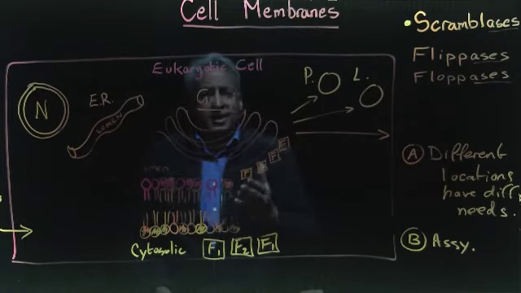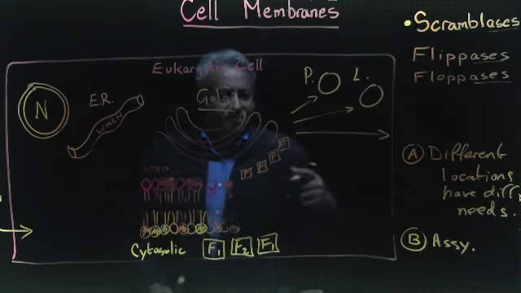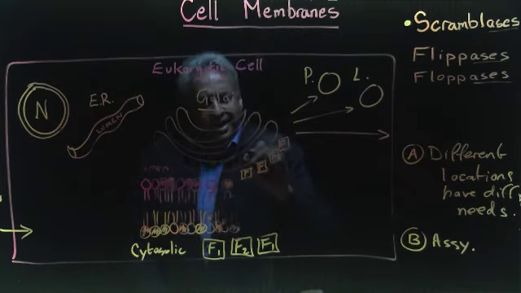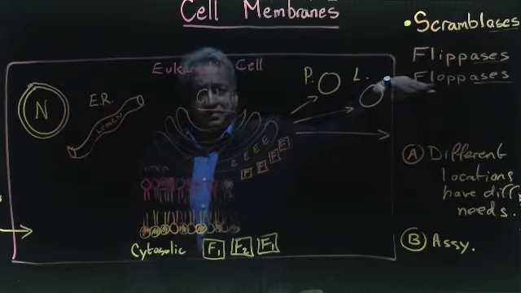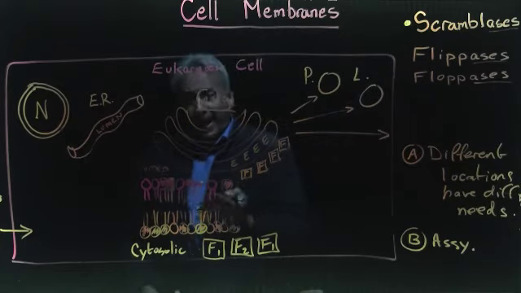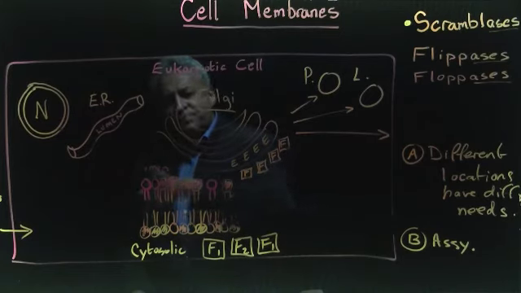While we're talking about enzymes, let's talk about the Golgi very quickly. An additional thing that the Golgi can do: it has enzymes on its interior surface, the lumen, and those enzymes are different to these enzymes. Those enzymes may add sugar groups to certain phospholipids, and because they're on the inner surface, they can only act on this leaflet.